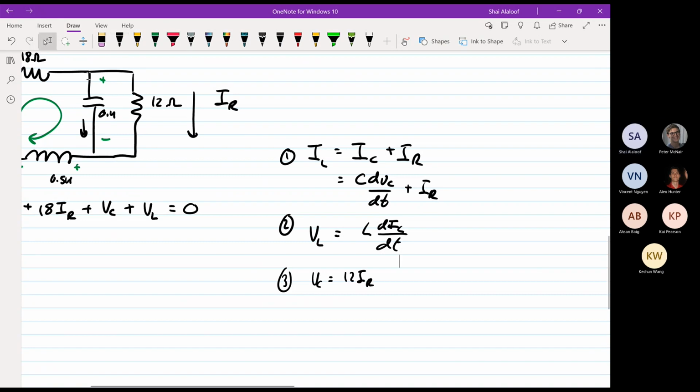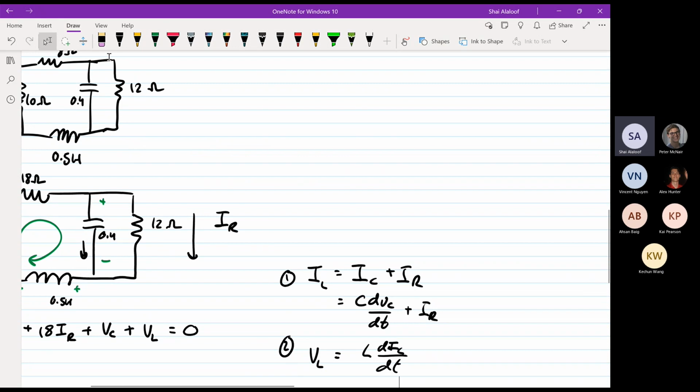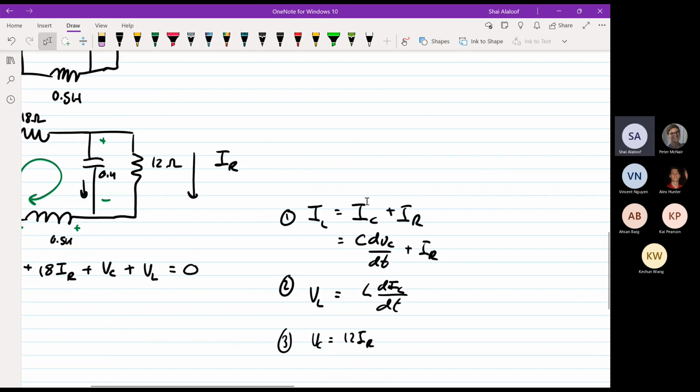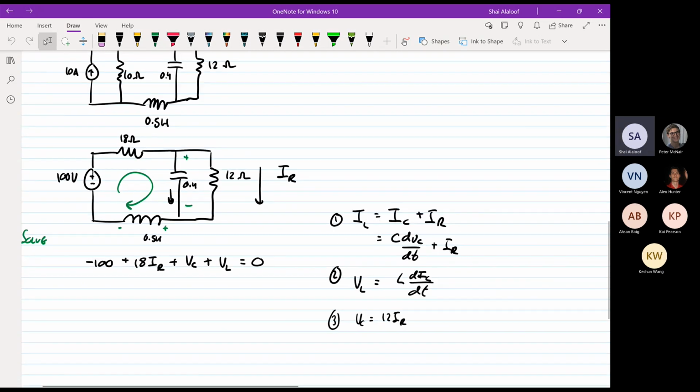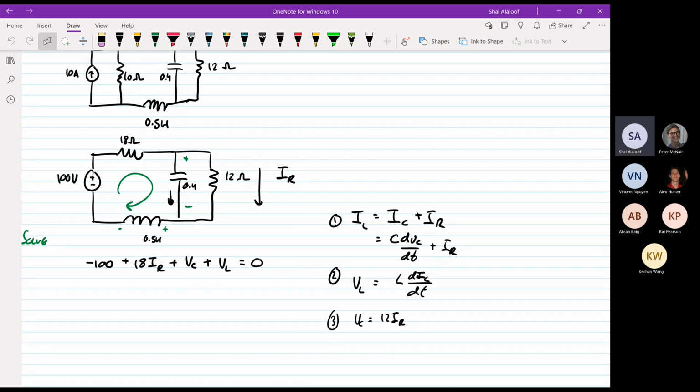It just goes back to what I was saying before: if you consider just this voltage, it's just Ohm's law. So with these 3 equations, you can pretty much derive the full differential equation that you end up with. So I'm going to do that right now. It's just a matter of subbing these 3 equations in wherever you can to get things in terms of IR.